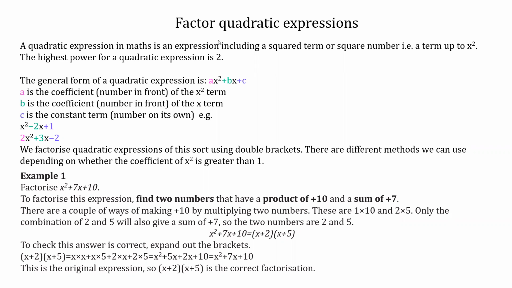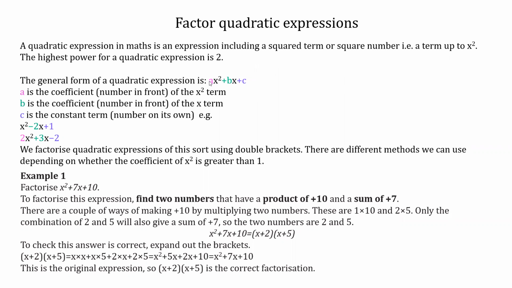So next, our process is to factor a quadratic expression. A quadratic expression in math is an expression including a squared term, that is a term up to x squared. The highest power of a quadratic expression is 2. In the general case, a quadratic expression will be in this form.